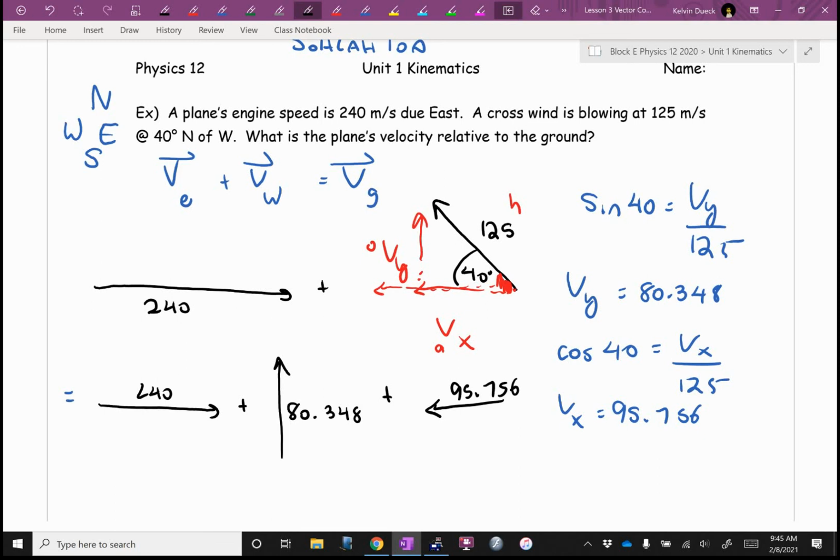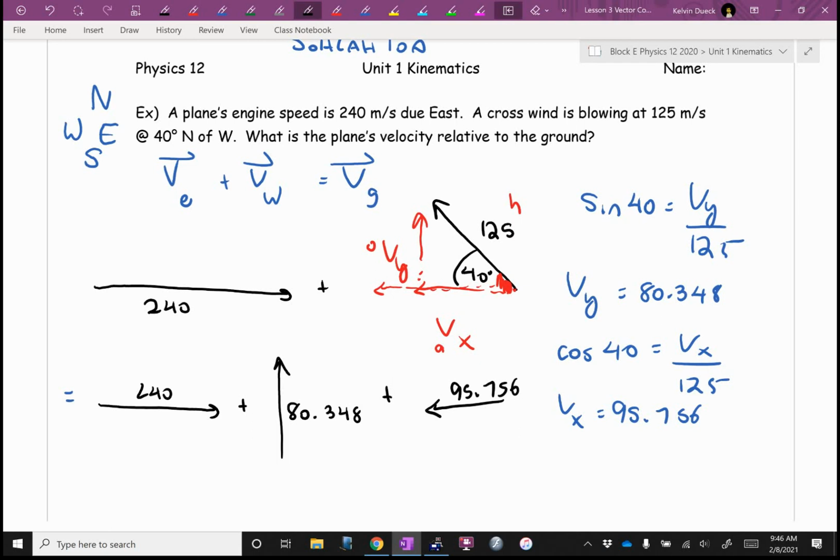Which 2 vectors would be easiest to combine without too much effort? My horizontals. Am I going to add them?